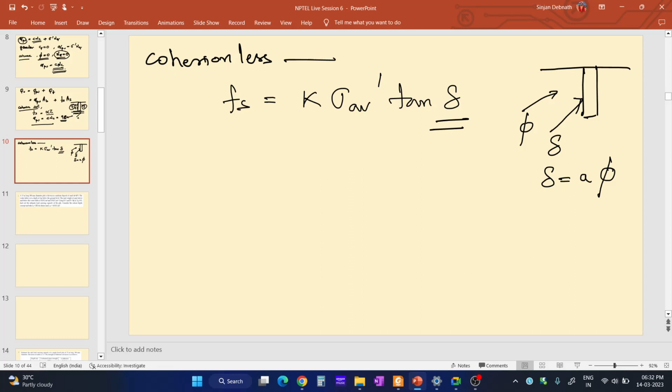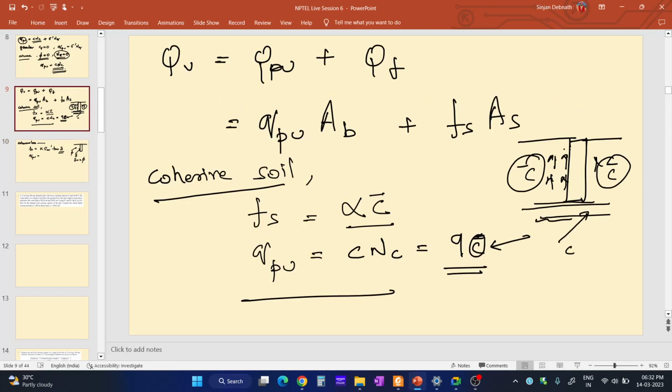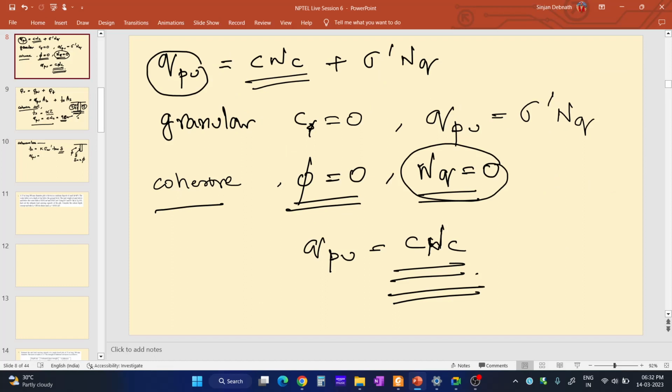Now qpu is the unit end bearing resistance, which I have written over here. I have derived it from the bearing capacity equation of shallow foundation, which is qpu equal to sigma dash Nq.